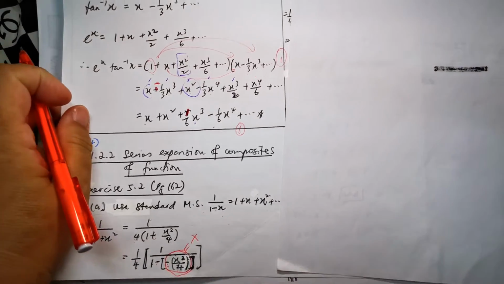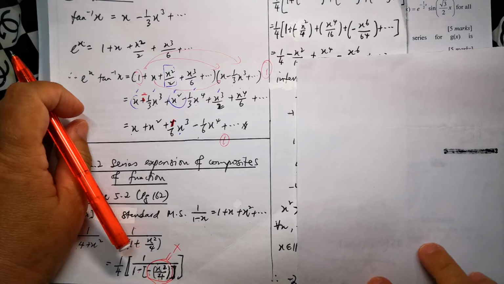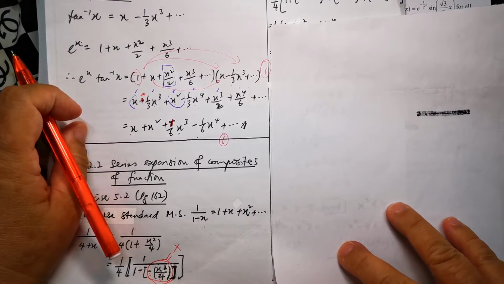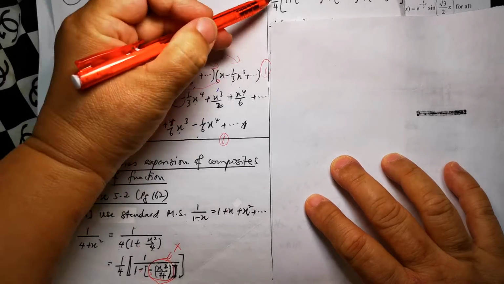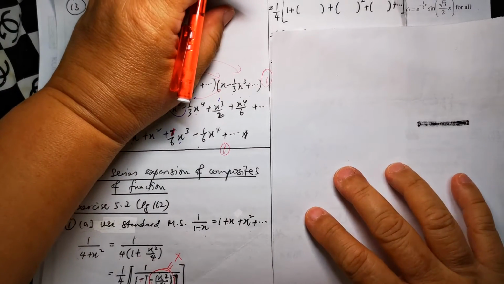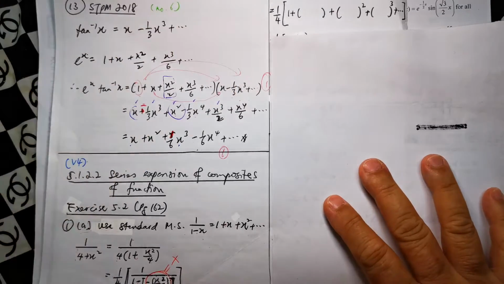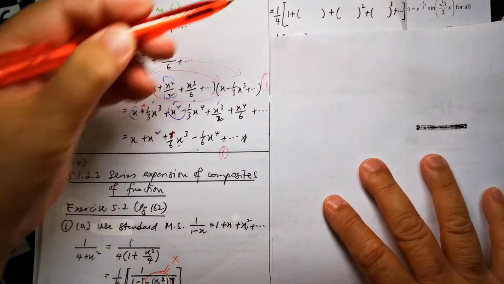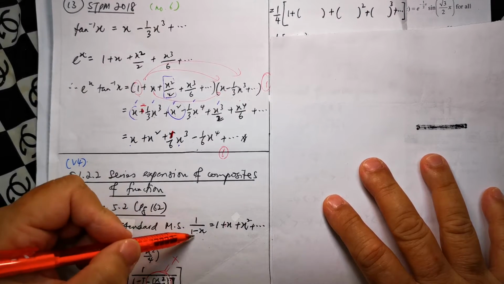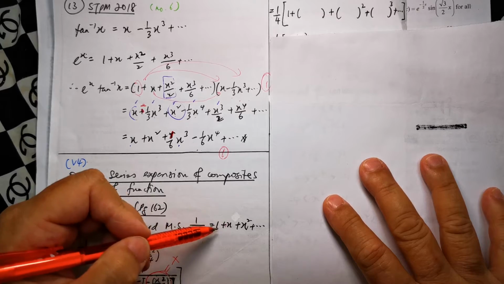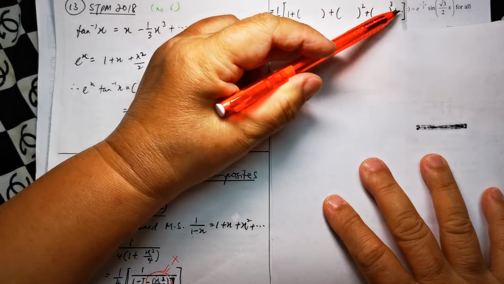Next, I'm going to sub into this standard Maclaurin series. The 1 over 4 is still 1 over 4 here. So this is 1 over 1 minus x, and the expansion, the series, is 1 plus x plus x squared plus x cubed, and so on.